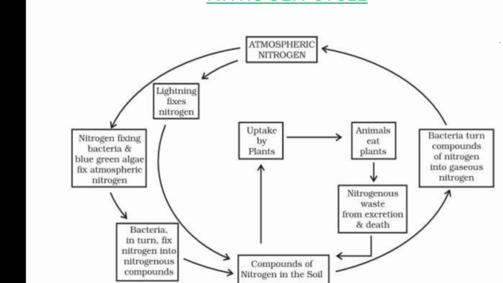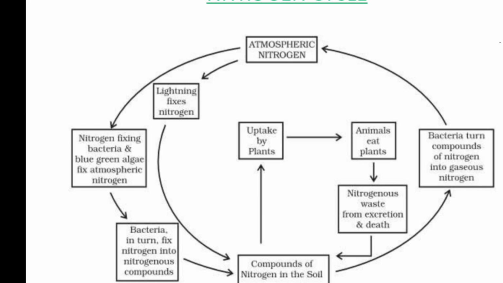These compounds of nitrogen come in the soil, and from the soil these nitrogenous compounds are absorbed by the roots of plants, taken up by the plants. Then using this nitrogen, plants prepare proteins, and these proteins are eaten by animals.